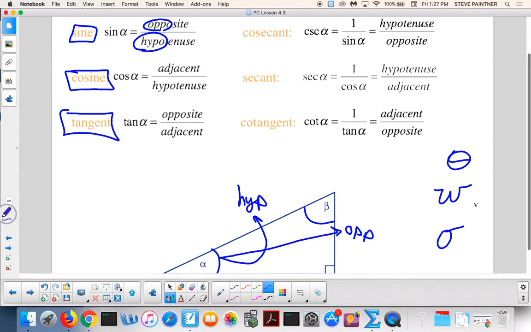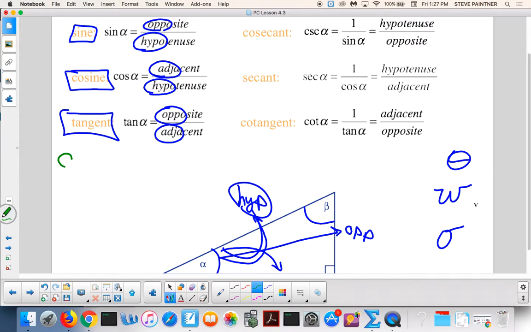Okay. But anyways, sine is opposite over hypotenuse. Cosine is adjacent over what? Hypotenuse. So that would be this bottom over the hypotenuse. And then tangent will be opposite over what? Adjacent. Now guys, I hope you memorized it, but if you did not, SohCahToa. This little acronym will help you. You might want to put it on your paper right now.